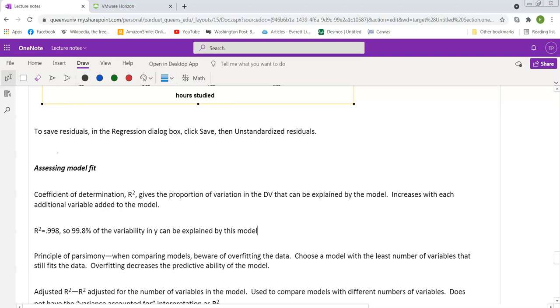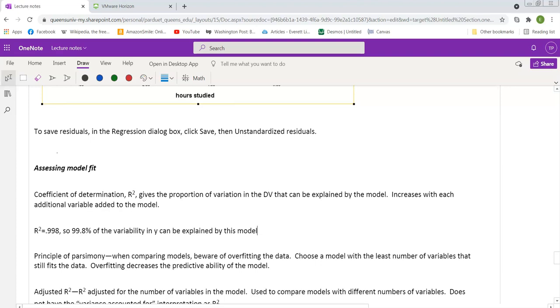We want to include enough variables to fit the y value in the data, but we want to use the fewest number of variables that we can to do that effectively. Okay?